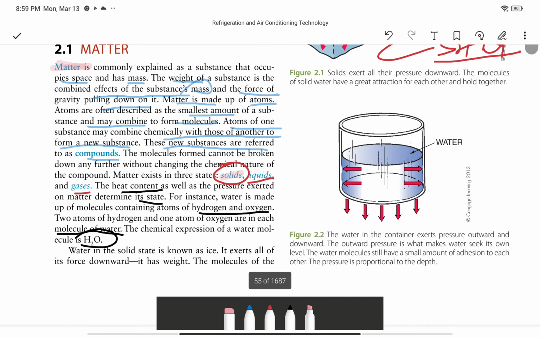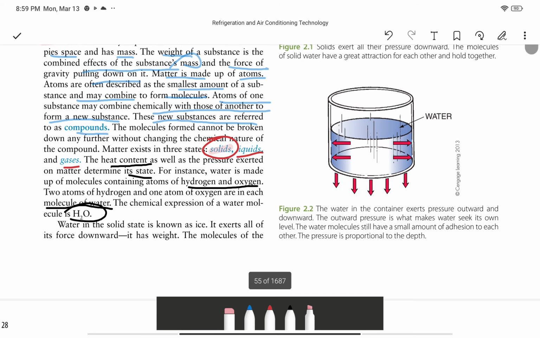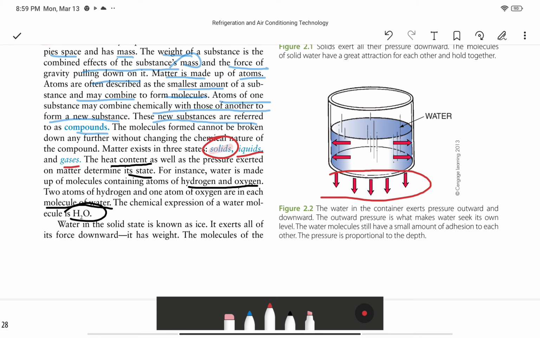And then we have here in figure 2.2, water in the container exerts pressure downward. So you can see in microscopic, this is now macroscopic. The one that we see from the chemistry is microscopic. So in macro, meaning bigger, what you can feel in the bigger picture is the pressure of water, right?